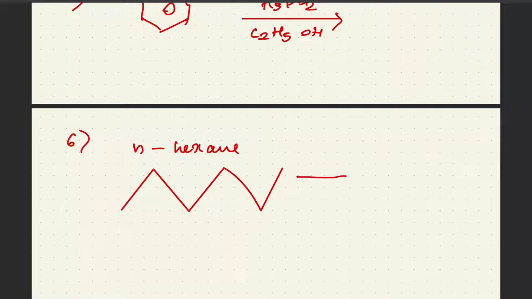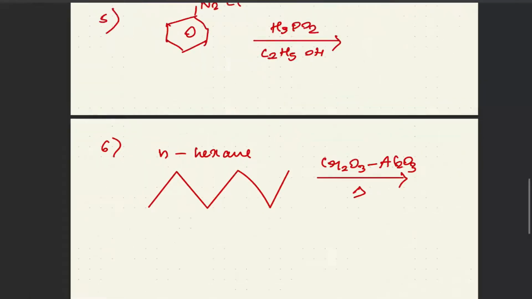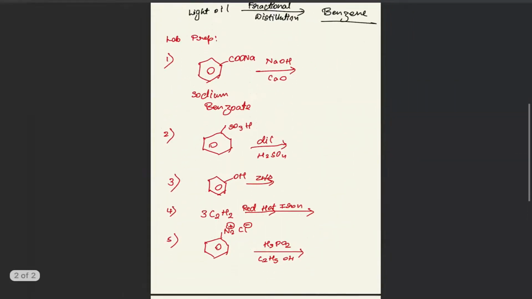On reaction of N-hexane with Cr2O3, Al2O3 and on heating, all these reactions give benzene.